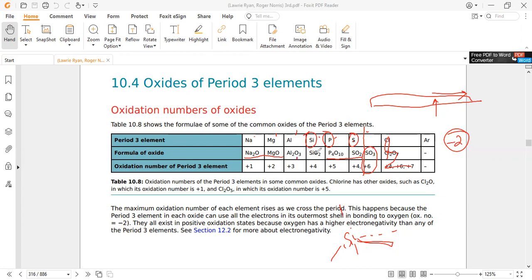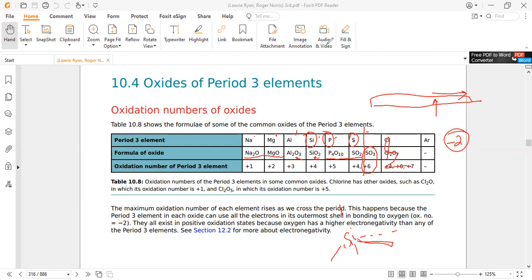But for aluminum and silicon oxides, they do not dissolve in water. So we are discussing the period 3 oxide properties in terms of the bonding and the affinity with water, the reaction with water.